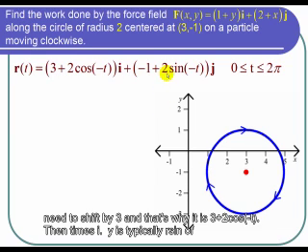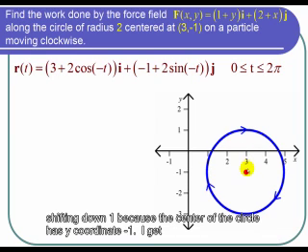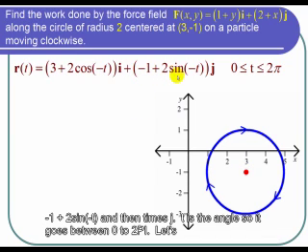Y is typically r sine of the angle, but since we're going clockwise, we have 2 for r times sine of negative t, and we're shifting down 1 because the center of the circle has y coordinate negative 1. So I get negative 1 plus 2 sine of negative t, times j.